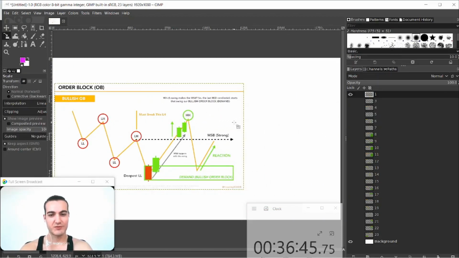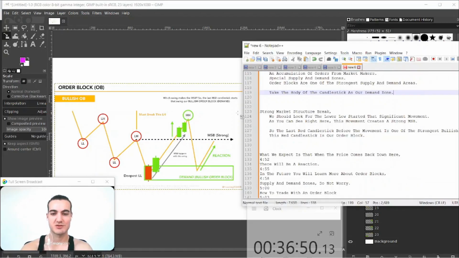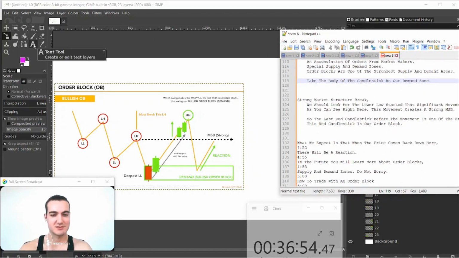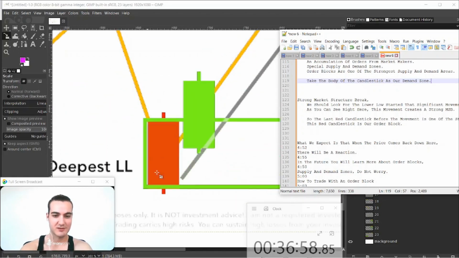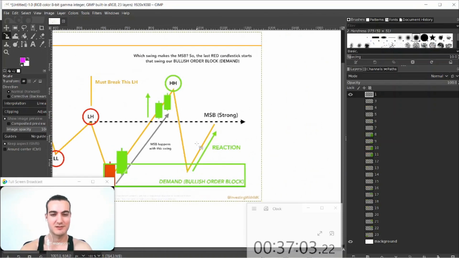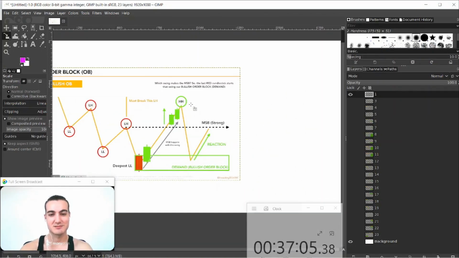Okay, so this is the first slide, and what I'm going to do is take what he said from the transcript and then add it to the image so that it's a little bit more informative. It's kind of hard to tell what's going on here without any additional text.